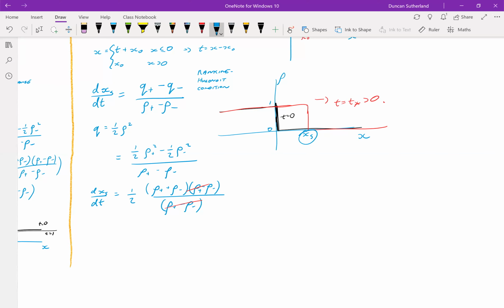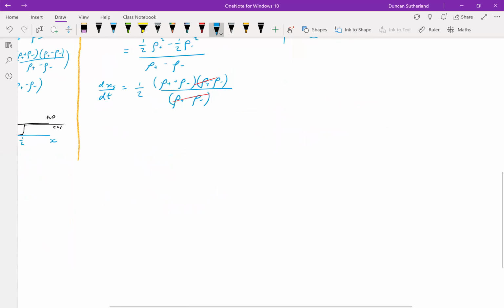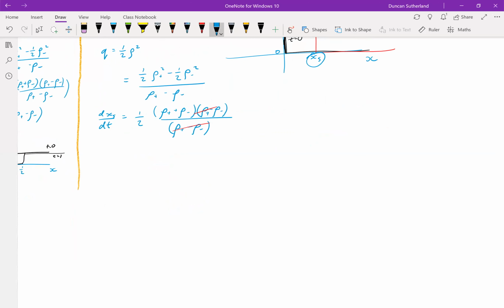So let's just plug in. On one side it's 0, on the other side it's 1, so that's a half.